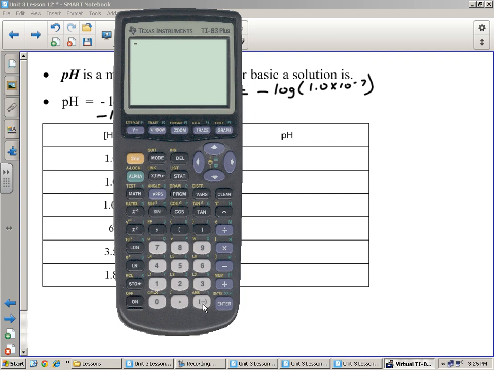Log is right here, right beside the 7 key. Log. Okay? You'll type in your concentration. 1 times 10 to the negative, don't forget, 7. And you can close the bracket like so. And you're going to hit enter. Okay? And that'll change it from a concentration to a pH value.